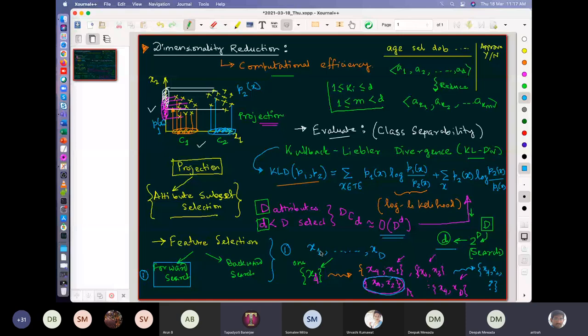No. At the first iteration, you are doing KL divergence for D points. At the second iteration, you are again doing it for D points. At the third iteration, you are again doing it for D points, up to small d times. So this is D into small d computations.